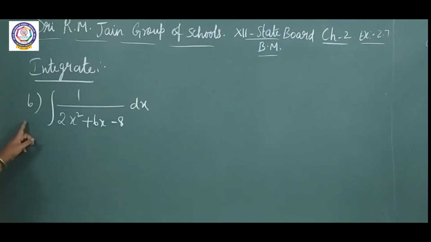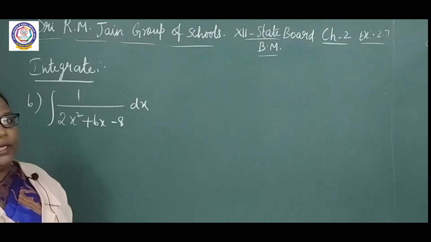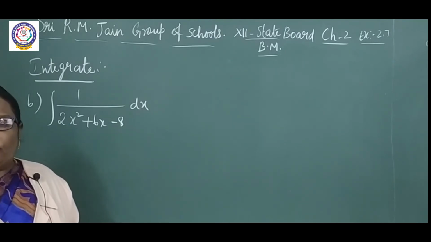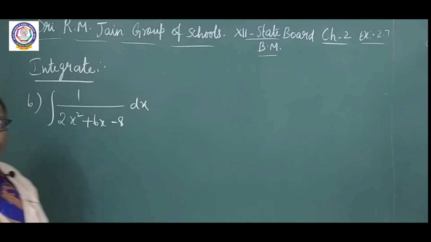See the sixth sum. We integrate 1 by 2x square plus 6x minus 8 into dx. See here, the coefficient of x square is there. First you remove that coefficient. You can take it out.